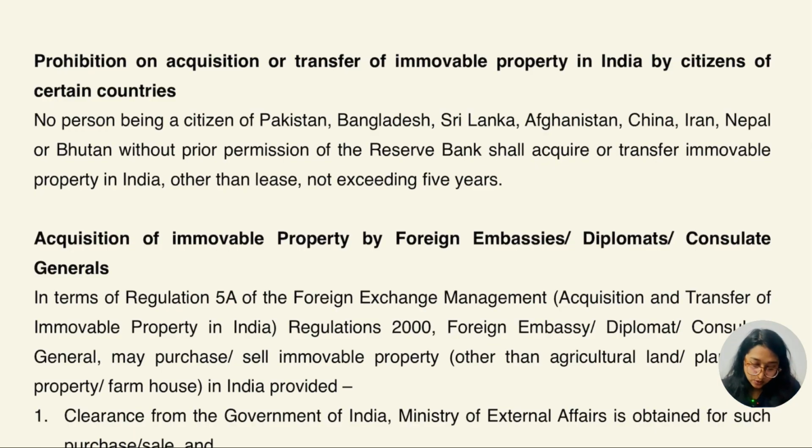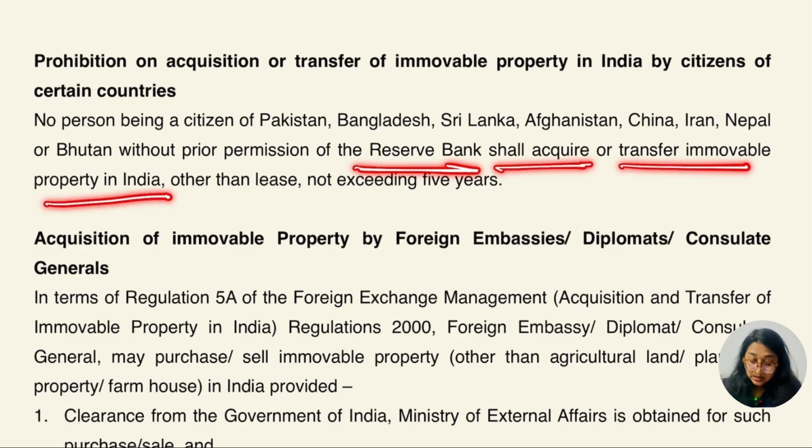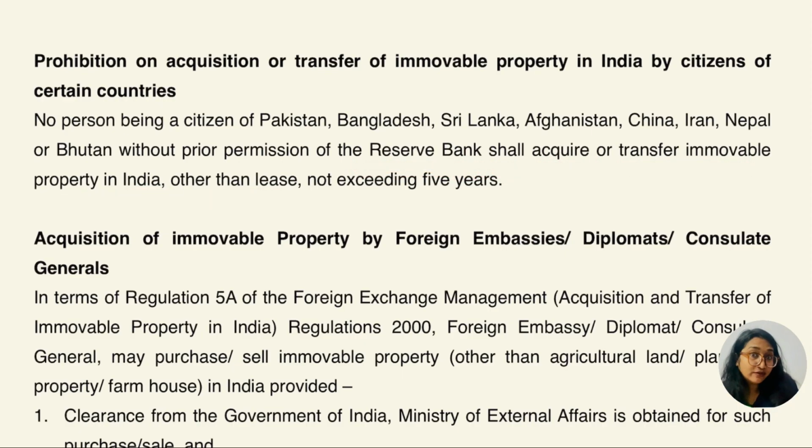So let's read out. No person being a citizen of Pakistan, Bangladesh, Sri Lanka, Afghanistan, China, Iran, Nepal or Bhutan shall, without prior permission of the Reserve Bank, acquire or transfer immovable property in India other than a lease not exceeding 5 years. पहले तो बता दूं कि पाकिस्तान, भूटान इन सबको तो पहले ही मना कर दिया, but if they want then surely they can acquire, ठीक है.